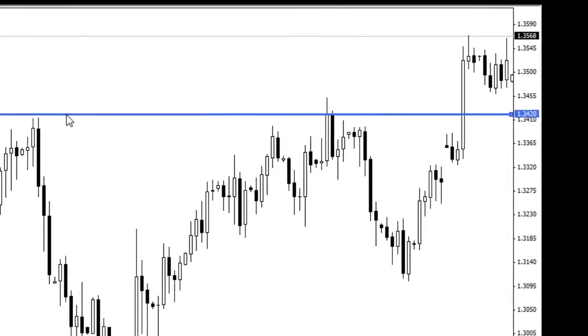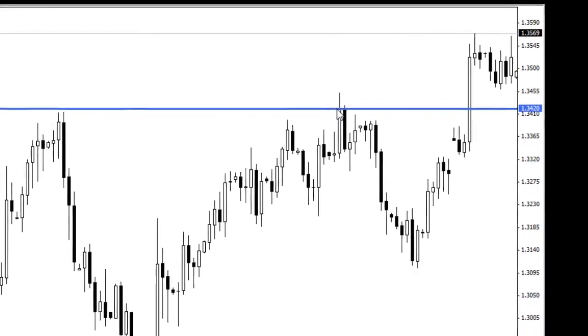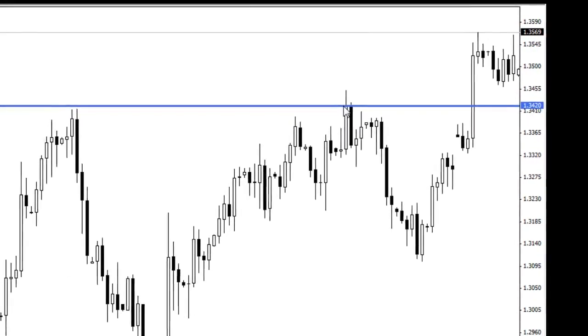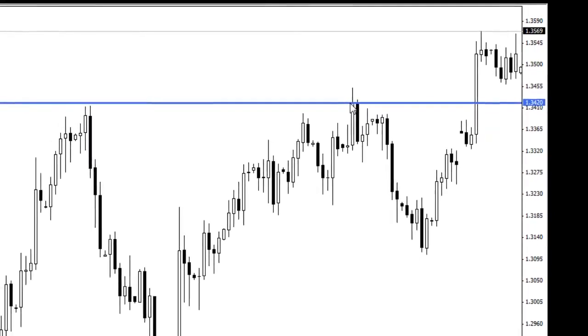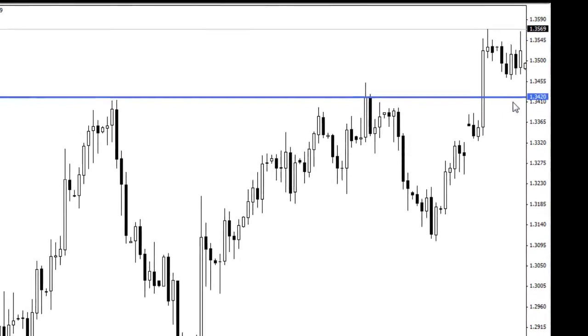You see that? 34.20. 34.20 is the level essentially that this price was reaching for, because it's the institutional level we like to follow. Again, it's the full figures, 0 levels, the 20s, the 50s, mid figures, and the 80s. So we have this level here, 34.20.